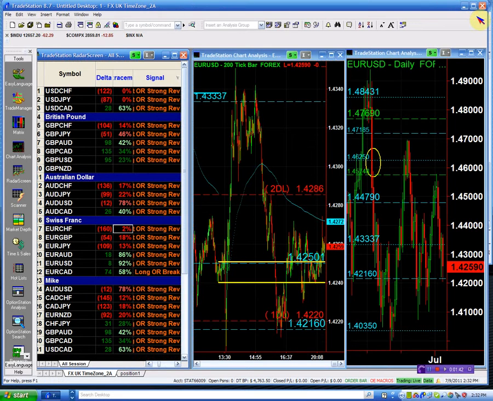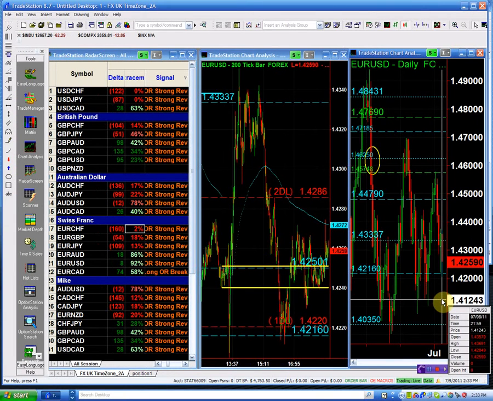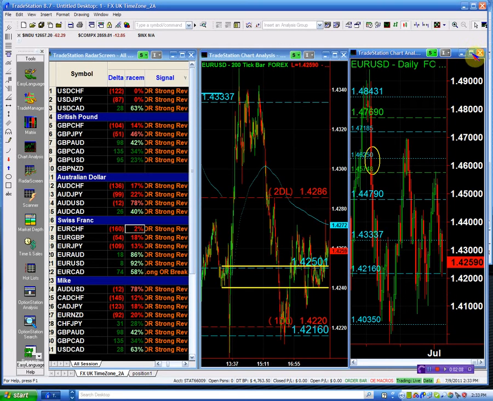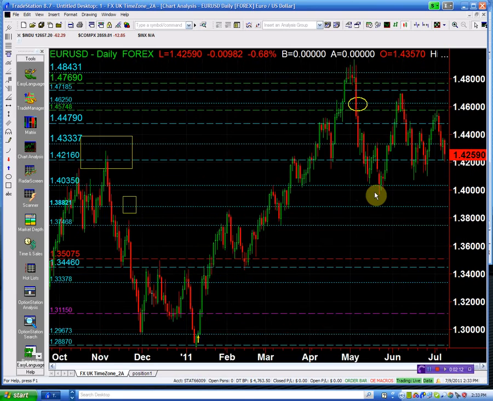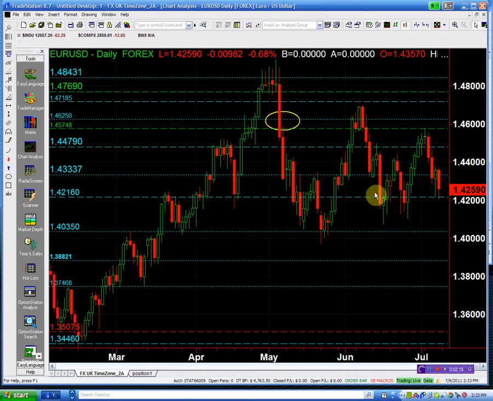So the first pair we're going to look at is the euro dollar, because we just happen to be there, and then we're going to take the euro Swiss and the rest of it. Now the euro dollar, as you all know, has been something we have been discussing for quite some time.